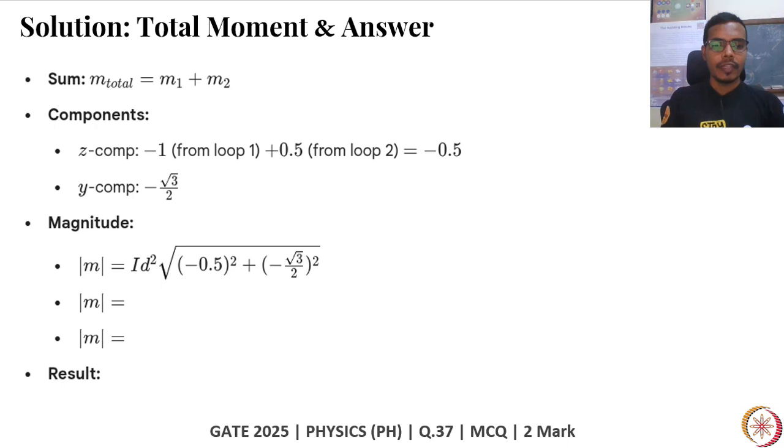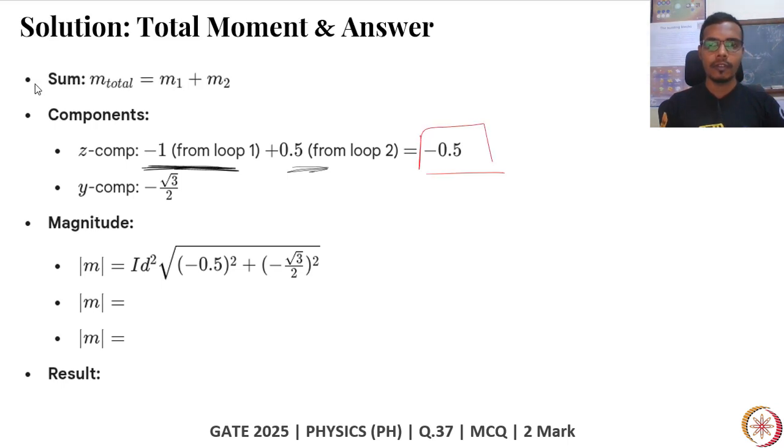Now we simply add the vectors to get our total moment. Loop 1 gave us minus 1 in the Z direction, as we saw a couple of slides earlier. Then loop 2 gave us plus 0.5 in the Z direction, as we saw in the last slide. So the net Z component is minus 0.5.